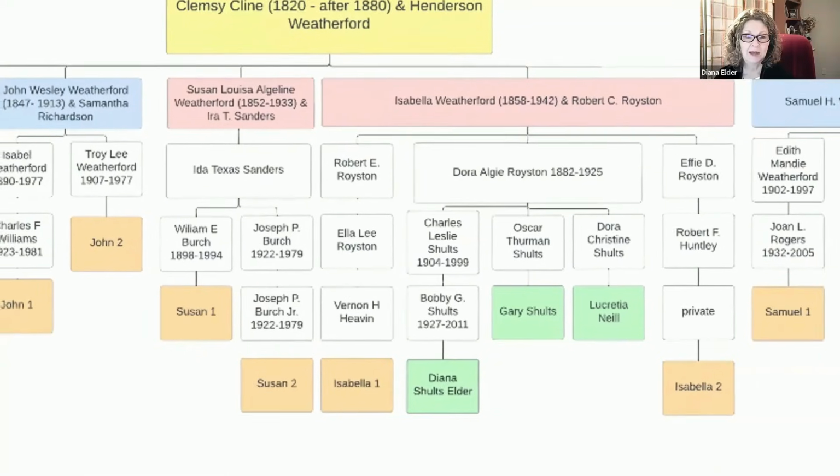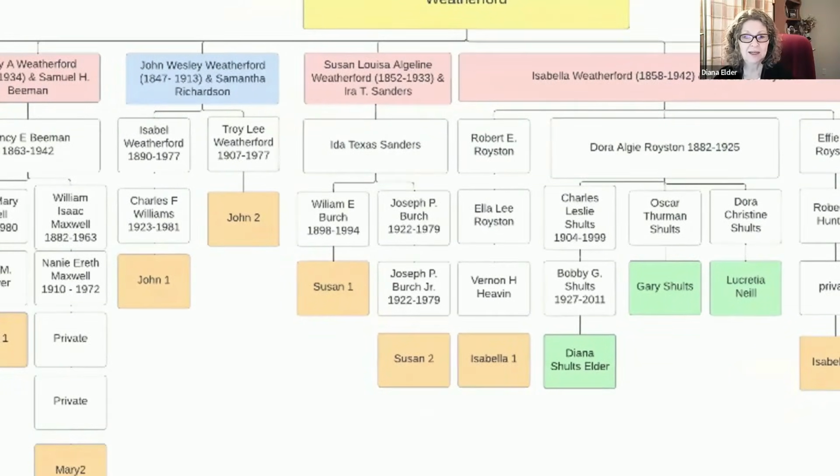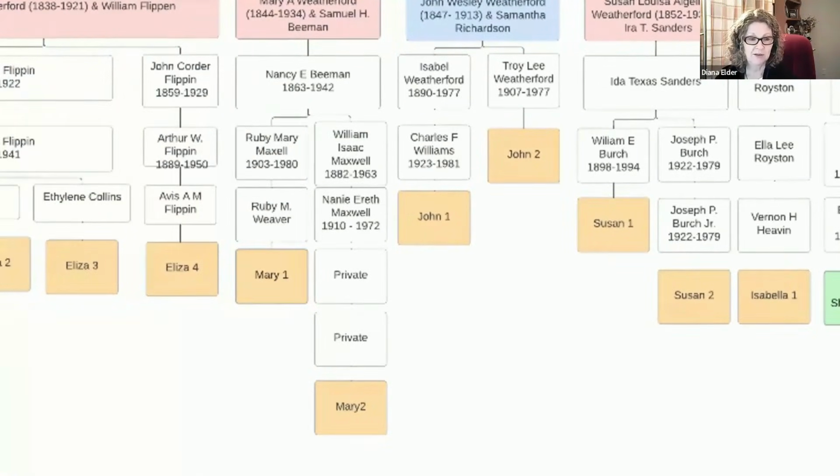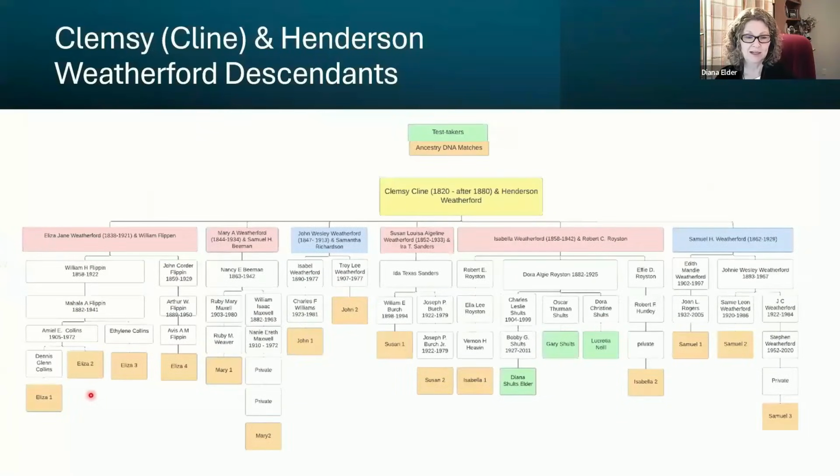But I do have DNA matches between at least me or Lucretia or Gary for all of these independent lines, which is very, very helpful. Now, I will note that I did not put every single match in here from my match list. Instead, I've just chosen those that share the most DNA, and that has helped me to narrow down, trying to get a good broad swath of DNA that's matched.